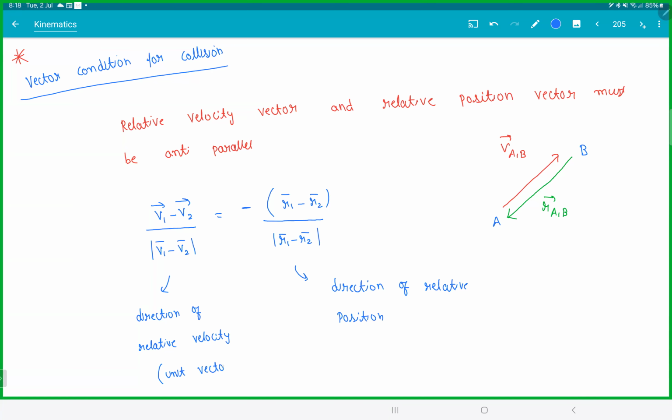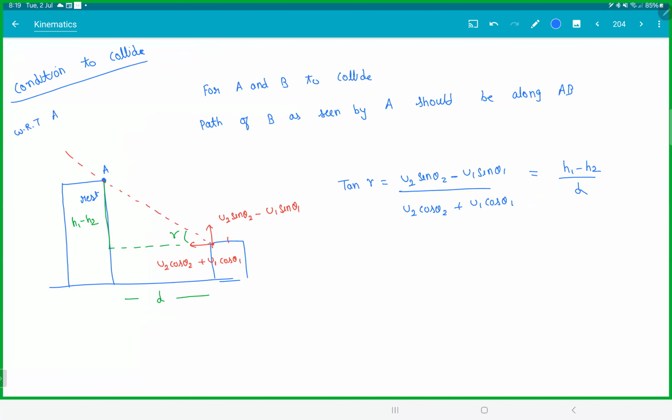You could have applied this in the previous question and you would have got the answer. Please have a look at this. Isn't that what you did here, if you think about it? When you took A to B, this was the velocity vector and this was the position vector, and both were opposite. They were on the same line.